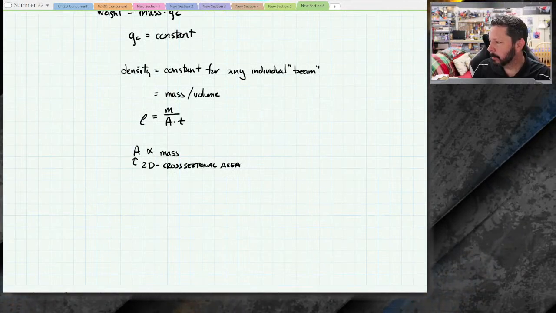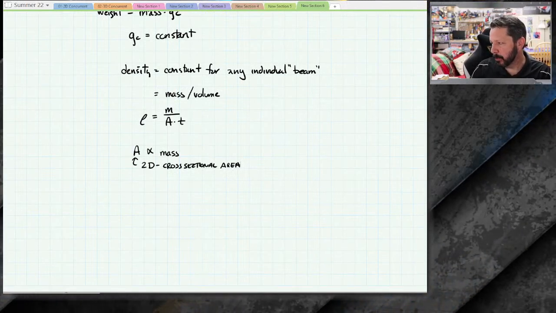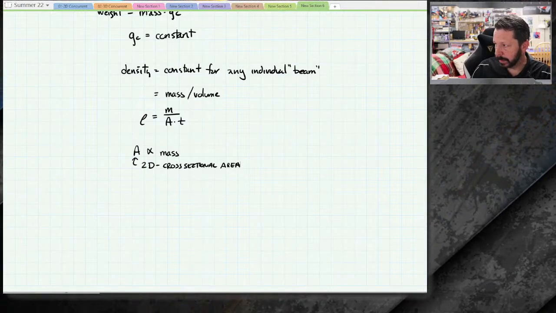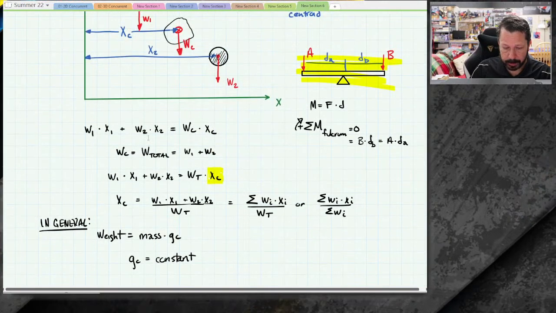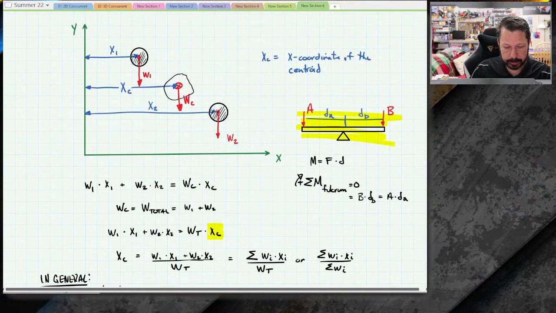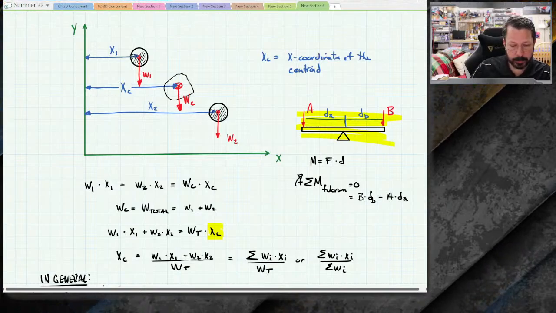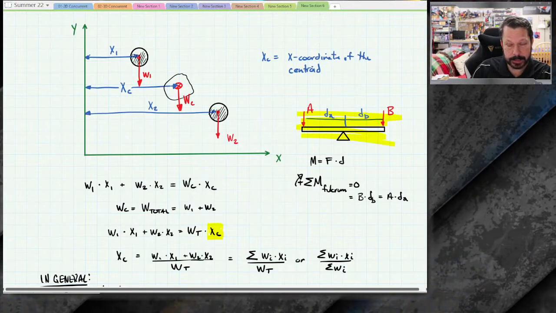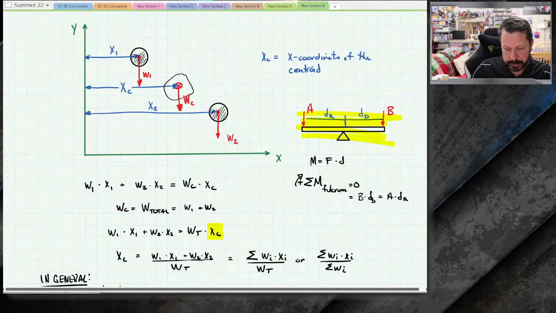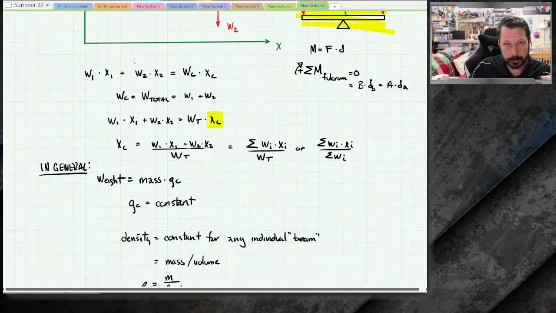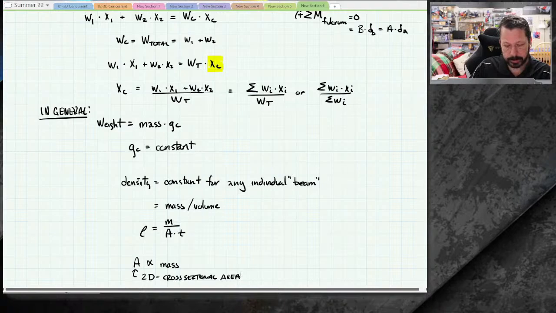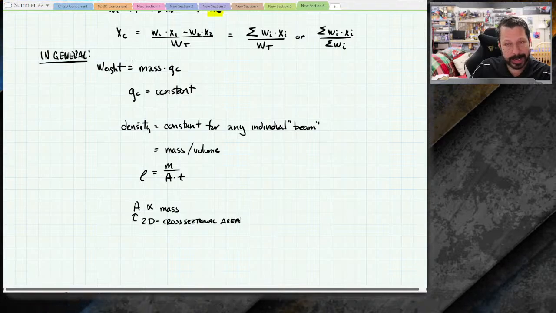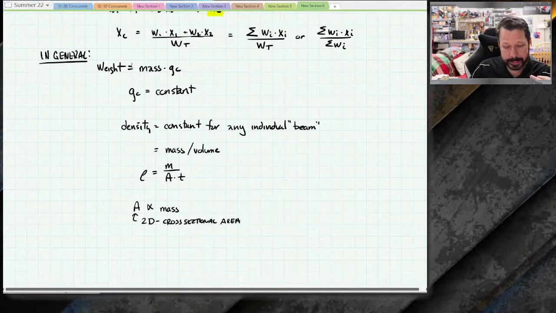All right. So let's see. We've got our area proportional to mass. What that lets me do is, it seems weird, but how I had this weight up here, I was using the weight to create this moment about the y-axis, or we could have done moment about the x-axis if we wanted to find y sub c. But since for real situations that we're going to deal with, g is constant, density is constant, and area is proportional to mass, it lets me take out weight. I don't have to worry about weight.